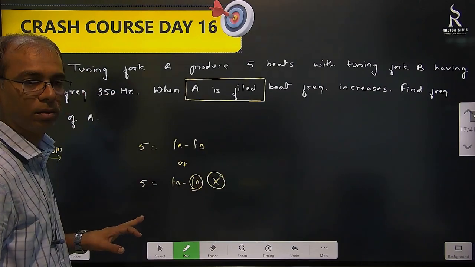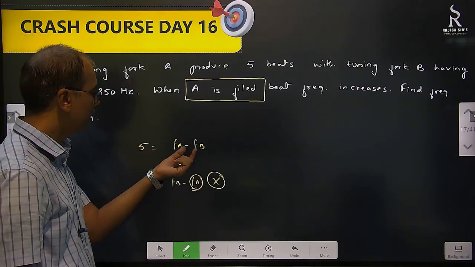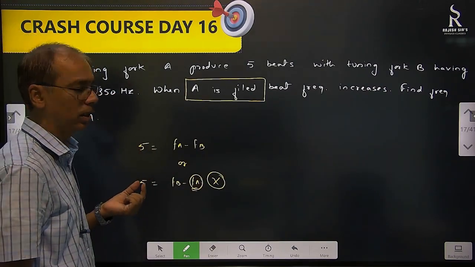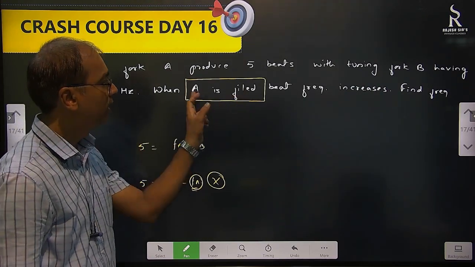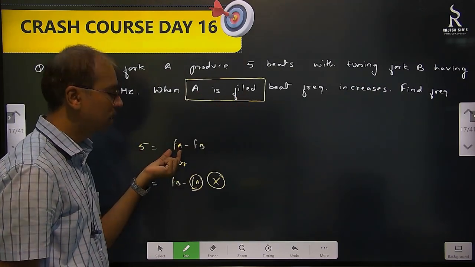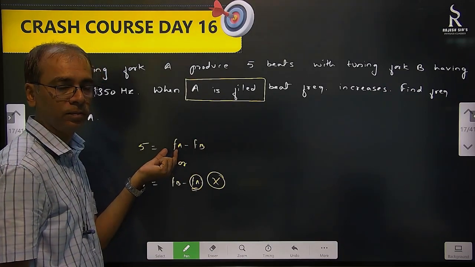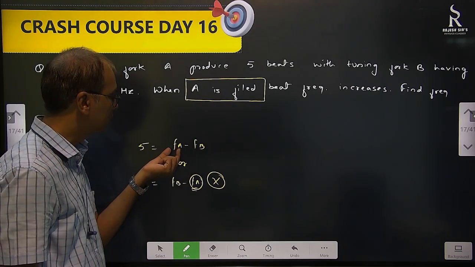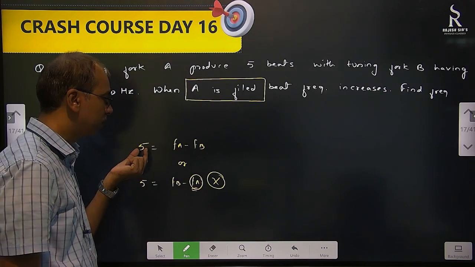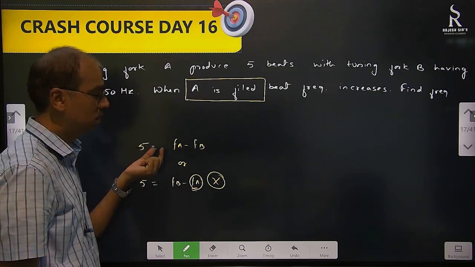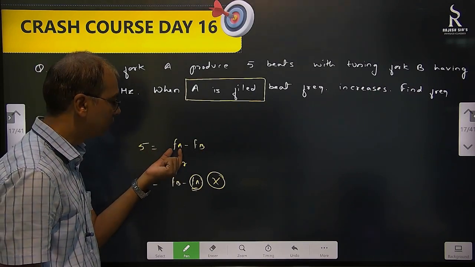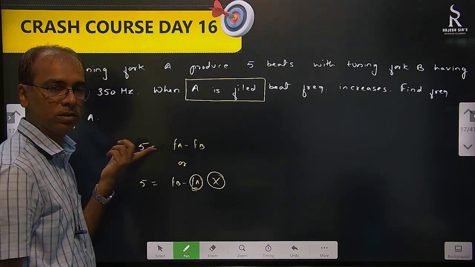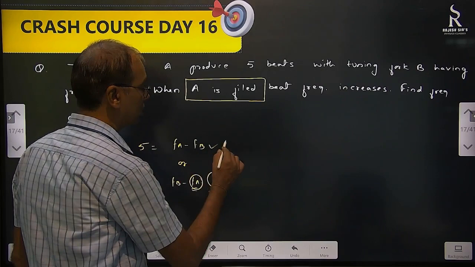Check here then: FA minus FB is 5. If I am filing A, that means I am increasing FA. So if FA increases, will this be more than 5? Yes. Already FA minus FB is 5, and if you increase FA, obviously this is going to increase. So this equation is correct.